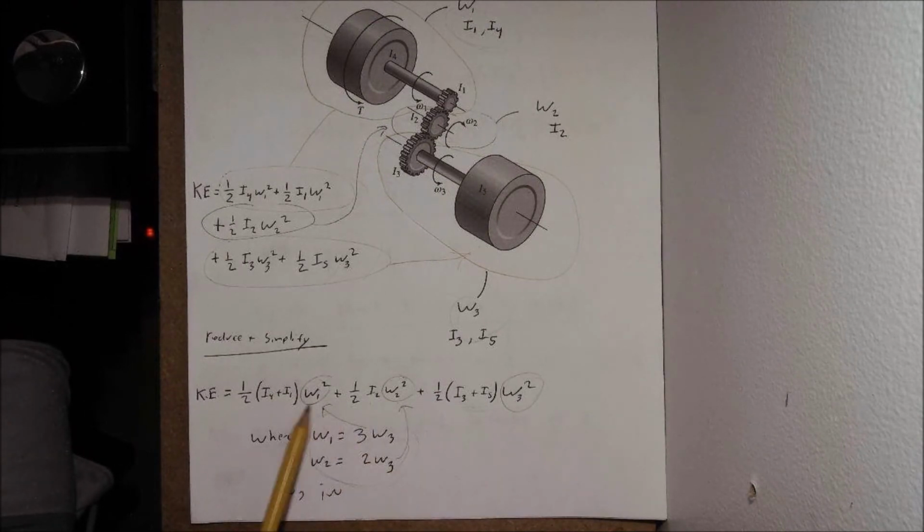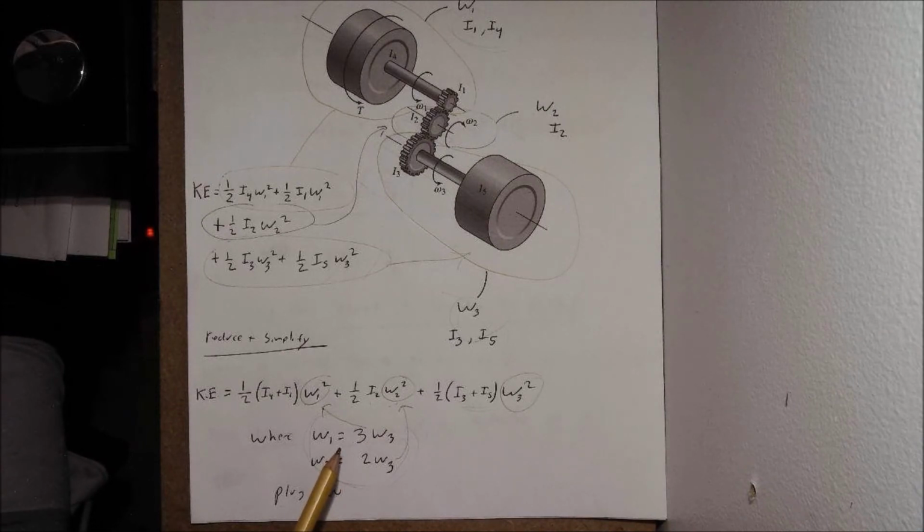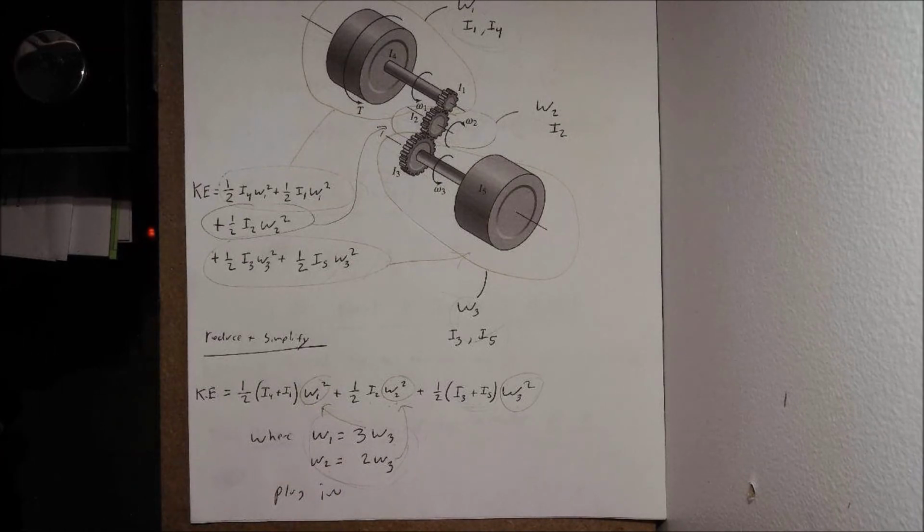Now, this is where I wanted to solve for my equation of motion in terms of omega 3 only, so I need to eliminate my omega 1 and omega 2, but I've already done that based upon those ratios they gave us in the problem statement. So I know that omega 1 is equal to 3 omega 3 and omega 2 is equal to 2 omega 3. So I can plug those relationships right in for omega 1 and omega 2, giving me my entire kinetic energy equation here in terms of only my omega 3.